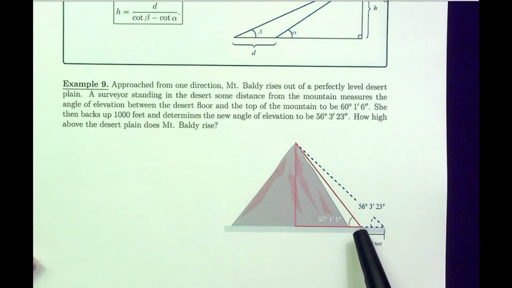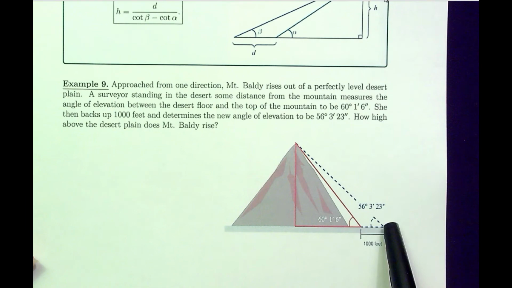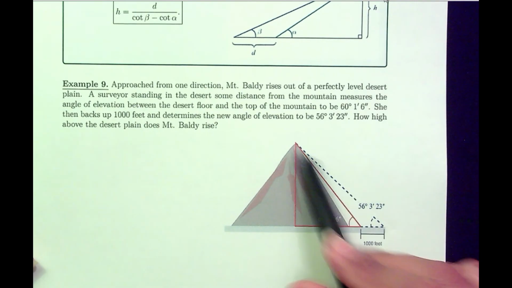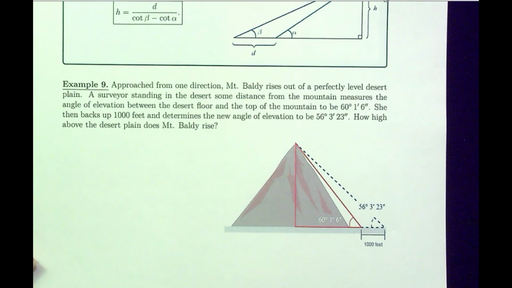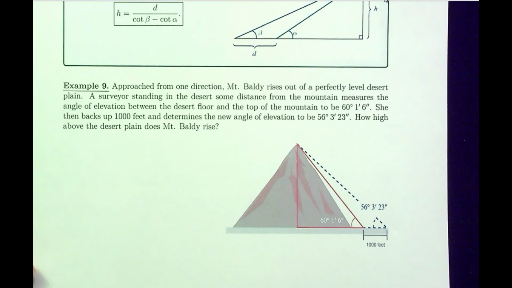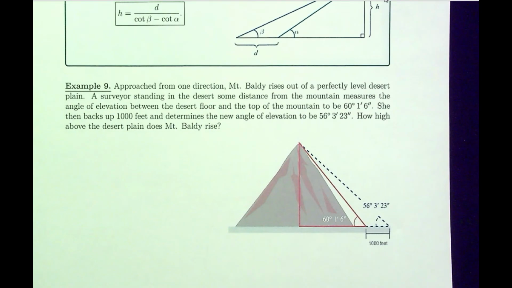And then she walks in this direction 1,000 feet, and then measures the angle again with her theodolite, and determines the new angle of elevation to be 56 degrees, 3 minutes and 23 seconds. Question is, how high above the desert plain does Mount Baldy rise? In other words, what's the height of the mountain?